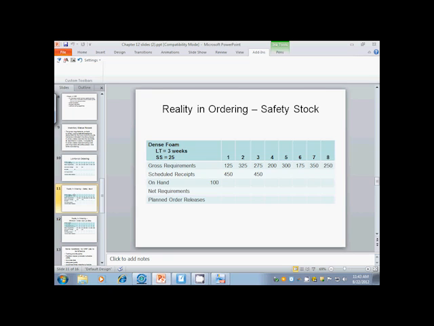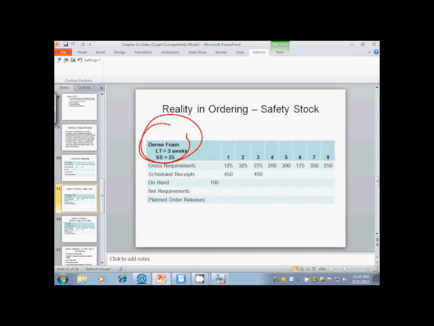We're working with the dense foam again, and we still have that information up in the left-hand corner. We have the dense foam with a lead time of 3 weeks. But now we have safety stock, SS. And sometimes this is written as a required on hand. It's the exact same thing. Safety stock and required on hand are identical.